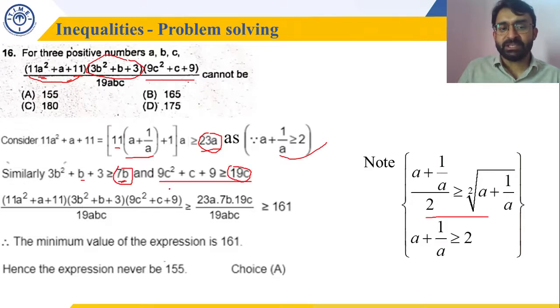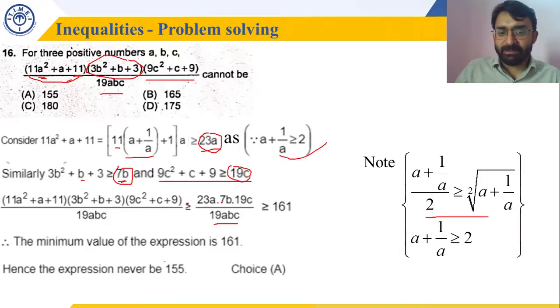I can put these expressions in this given equation. Fine. So this is 23a, 7b and 19c. So this expression must be greater than or equal to 23a into 7b into 19c divided by 19 times of a plus b plus c, which is given in the question. Am I right? Fine.